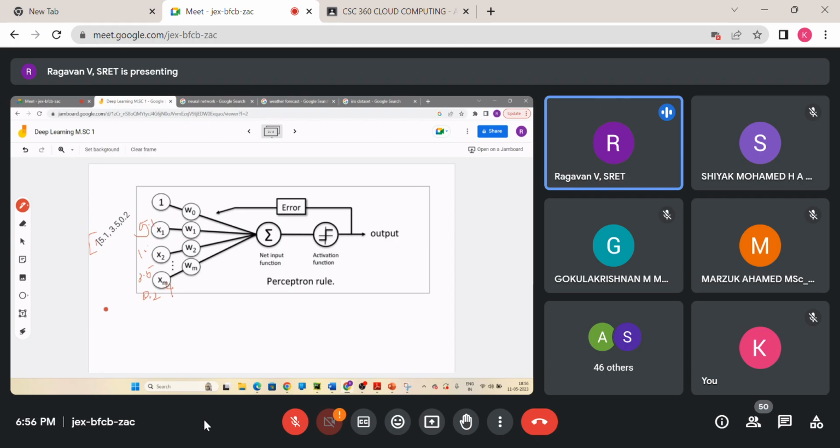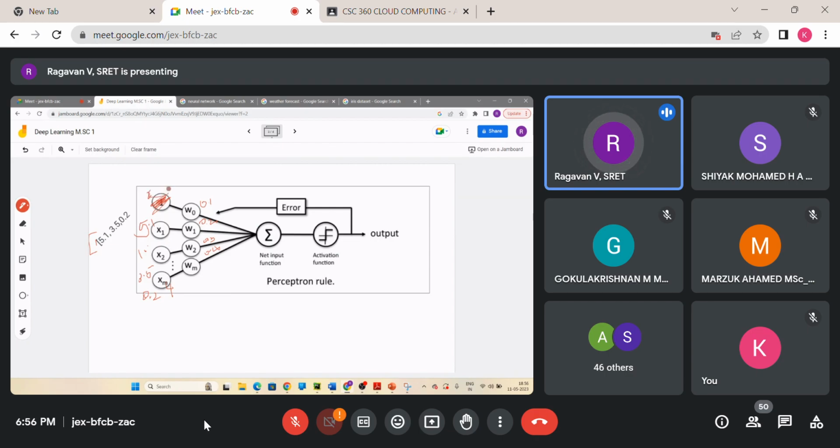I pass them into my input layer, and weights are randomly assigned. There are different types of weight initialization techniques we will discuss in the execution of the neural network. For right now, we just assume random weights, for example 0.1, 0.2, 0.3, and 0.4. Forget about the bias.